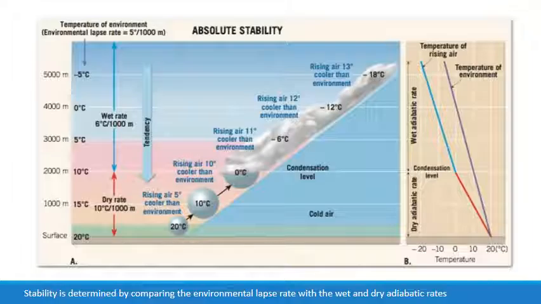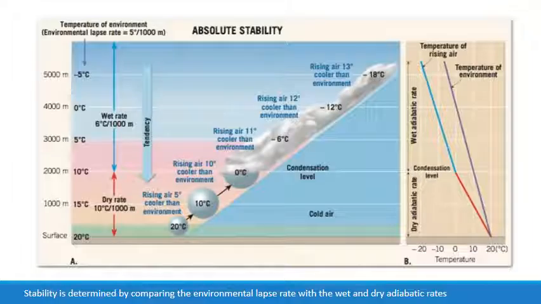We see an environmental lapse rate of 5 degrees per 1,000 meters, and that's up here in the top left corner of the figure. We see a wet rate that is slightly higher, 6 degrees C per 1,000 meters. And of course, we know the dry rate is always constant at 10 degrees C per 1,000 meters.